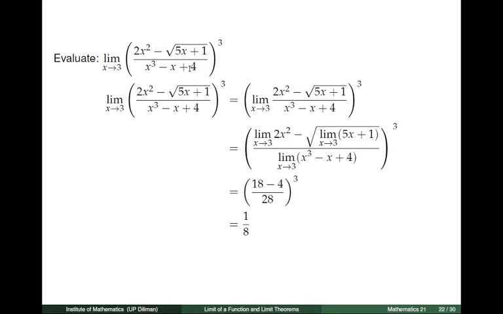Okay, so to solve this limit, we can apply some of the properties that we've learned previously. For example, we can put the limit sign inside the parentheses, and so we will have the cube of the limit.